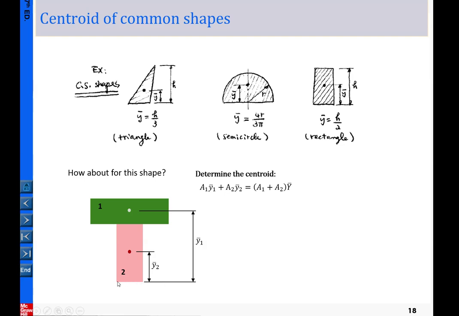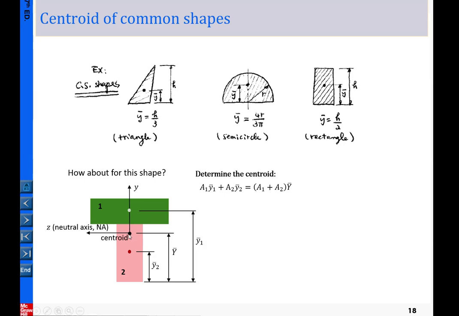Then you pick the datum for your measurement. Here I pick the bottom side as my datum. From there, I measure the distances of the centroids, Y1 bar and Y2 bar, and put them into this formula to calculate Y bar. Y bar is the centroid of this T shape, and A1, A2 are the areas of portion 1 and portion 2.